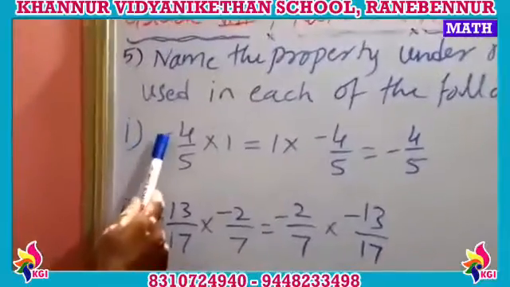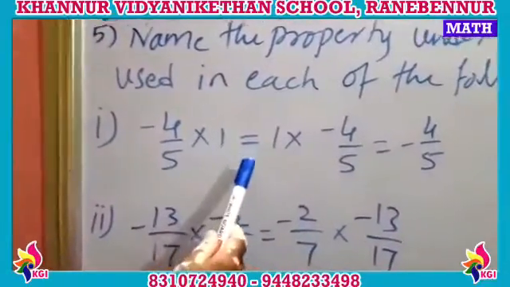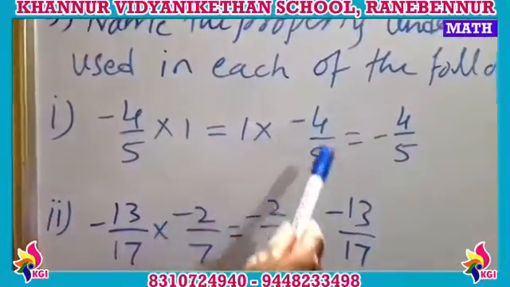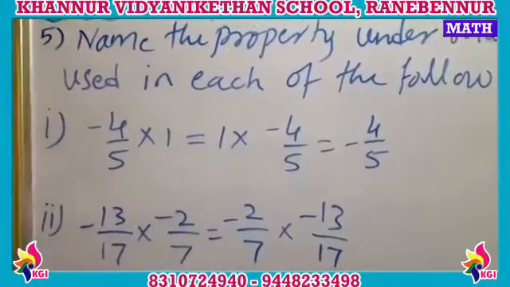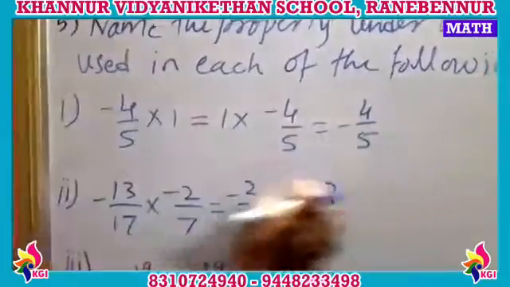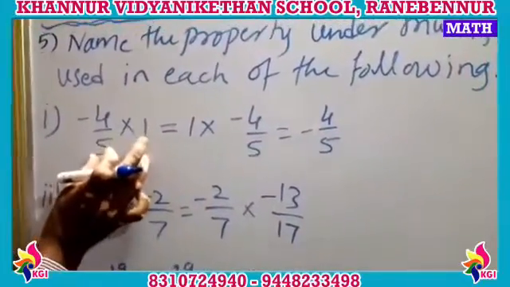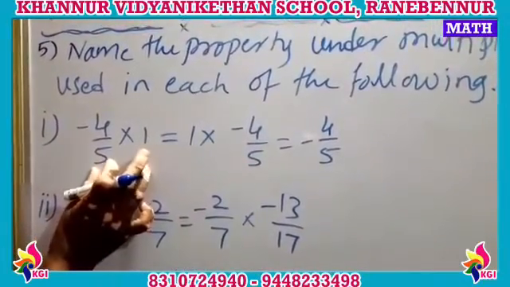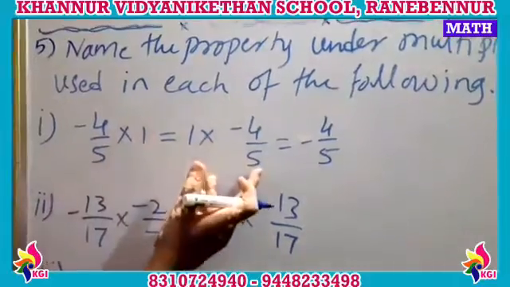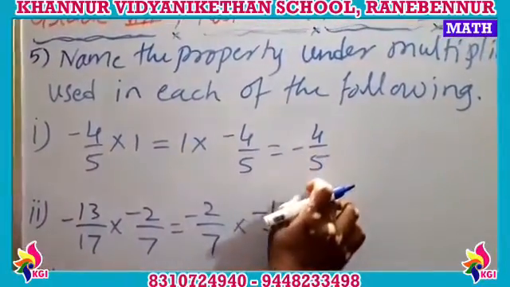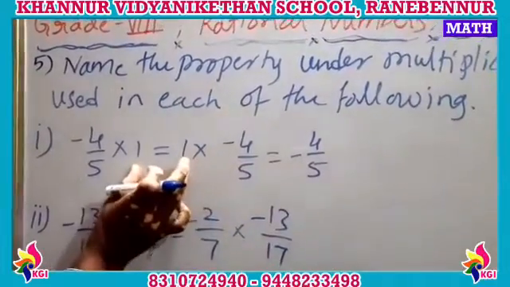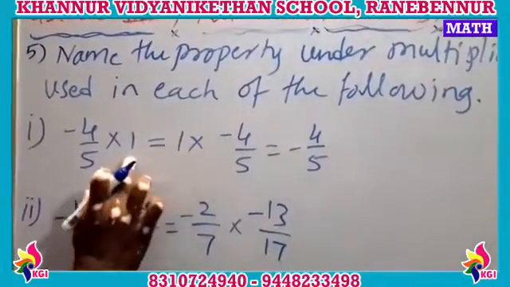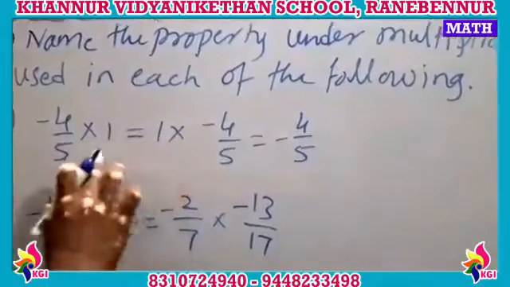Here the first one is -4 by 5 into 1 is equal to 1 into -4 by 5 equals -4 by 5. So check it out, children. When I saw this complete equation, here it is being given -4 by 5 into 1, and they gave the answer as -4 by 5. If the answer is given like this, then they have used this one. Correct? So here the thing mentioned is 1 into 1.